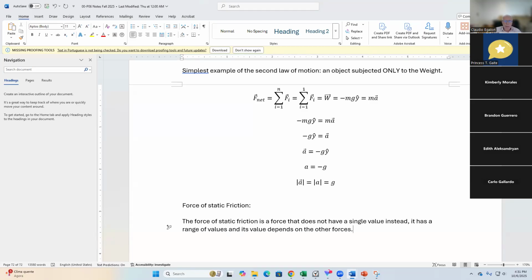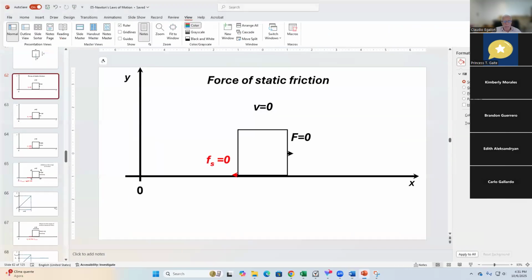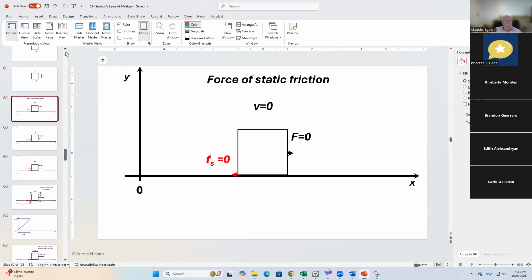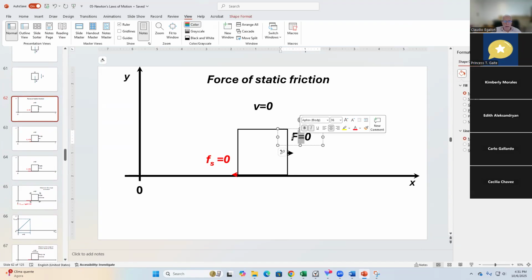Let me give you an example. Consider an object at rest, and you don't apply a force in the horizontal direction.